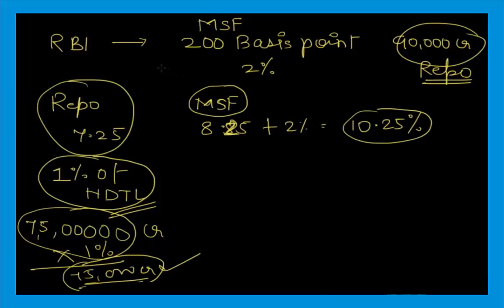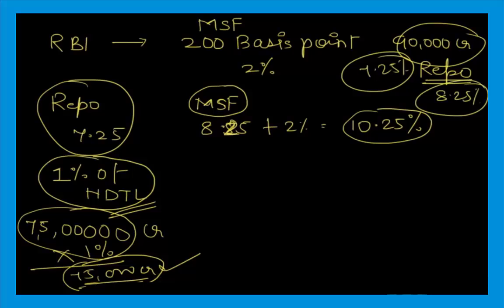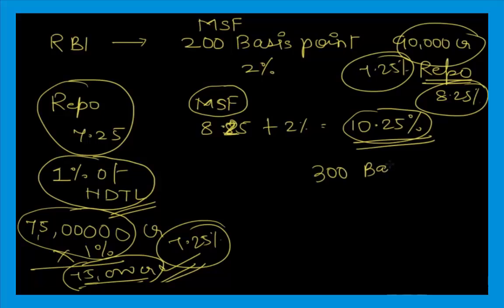So now from 90,000 crore that they were borrowing at 7.25%, and the surplus at 8.25%, it has gone down to only 75,000 crore rupees at 7.25%, and anything over and above 75,000 crore rupees will have to be borrowed at 10.25%, which is 300 basis points higher than repo, compared to 100 basis points higher when they started MSF.